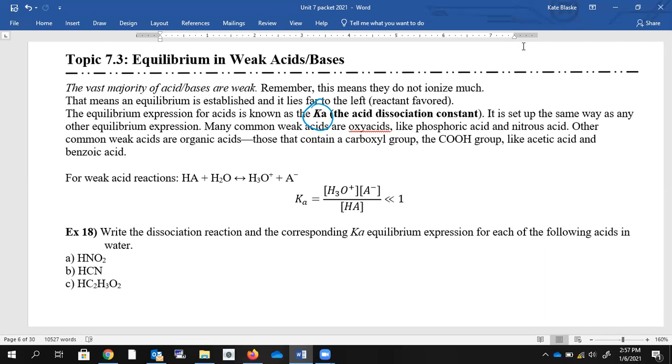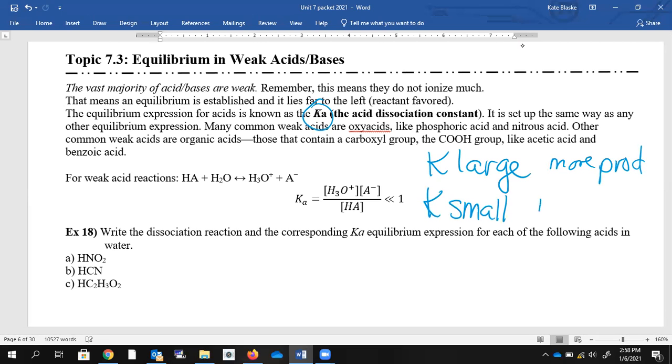The larger the K value, so if K is large, that means that we have more products. The smaller K is, it means we have more reactants. So when we're talking about these weak acids and weak bases, they are going to tend to have smaller K values. The weaker the acid or weaker the base, the smaller the K value will be.